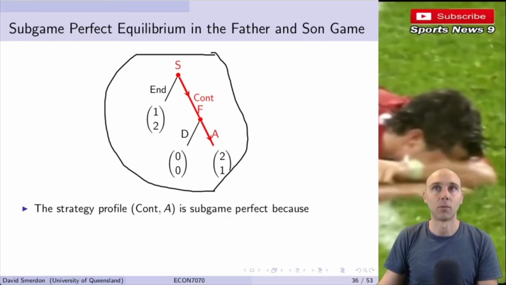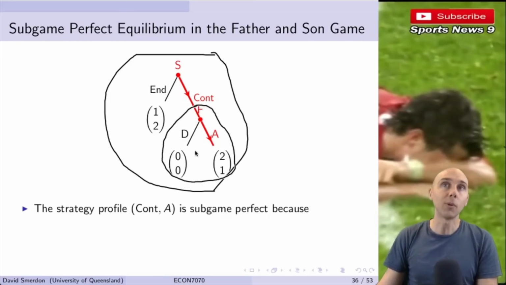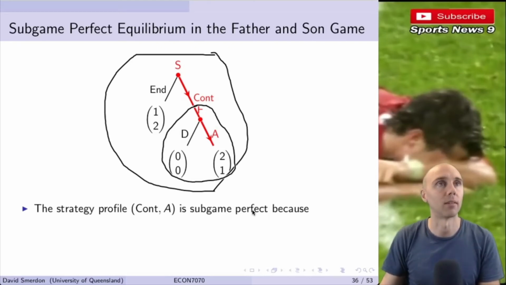So basically we make, let's see if I can draw it. This here is the second subgame. And if we look at that second subgame, the father is definitely going to choose accept if we just started the game here. So this strategy profile is subgame perfect because we know it's a Nash equilibrium of the whole game, and in the one subgame that exists, the father is doing the right thing, or at least the rational thing in this game.